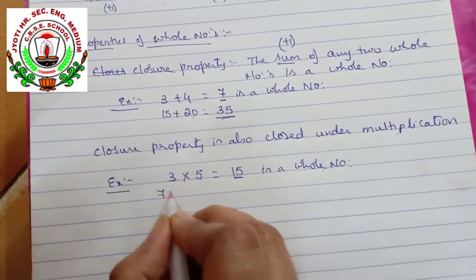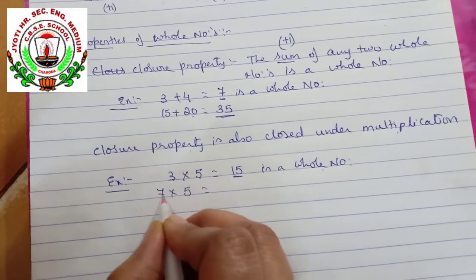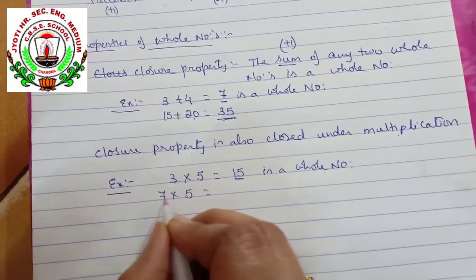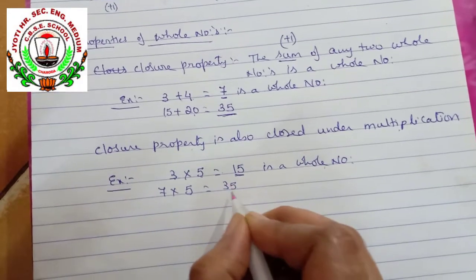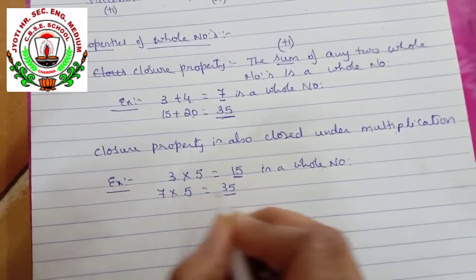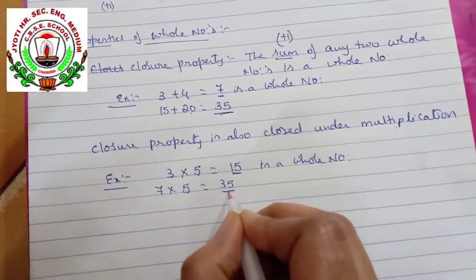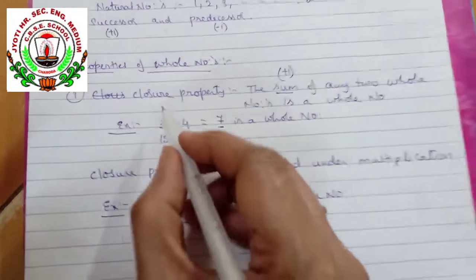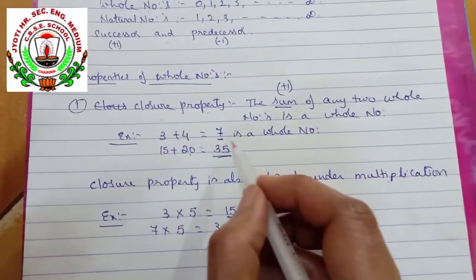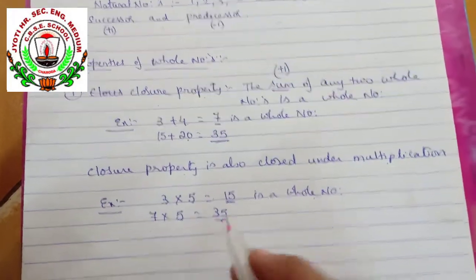One more example, 7 fives. 7 is a whole number, 5 is a whole number. So 7 fives are 35. 35 is also a whole number.